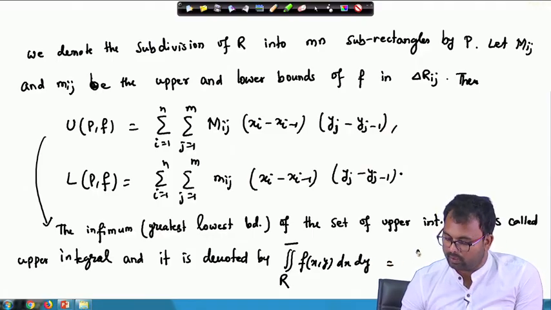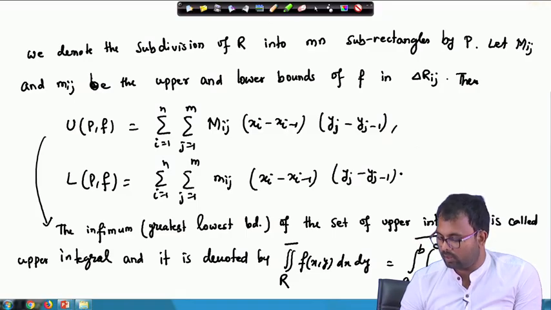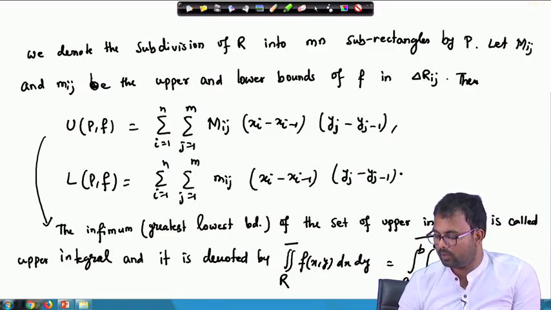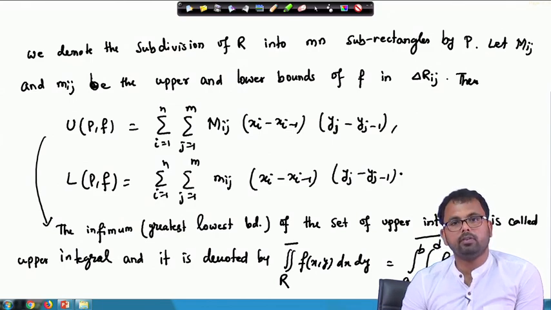You can also write integral a to b, integral c to d, with a bar here, f(x,y) dx dy. So, that is basically our upper integral.